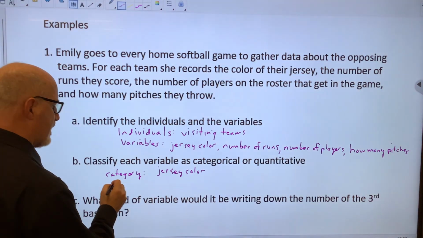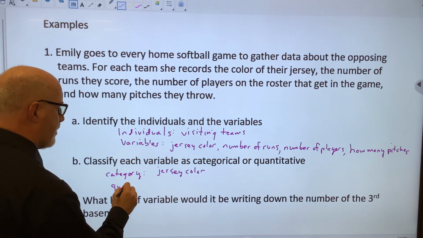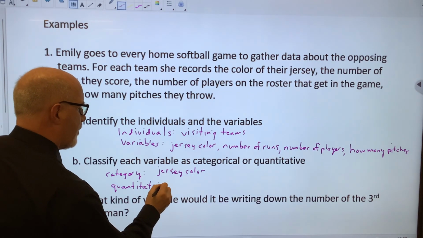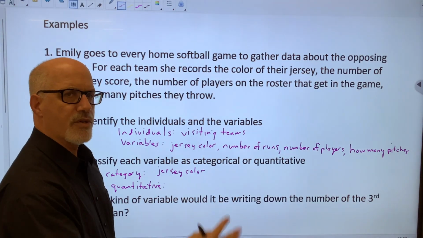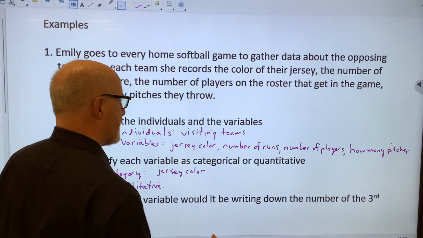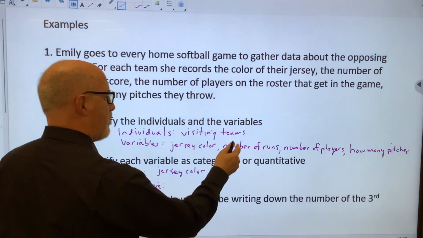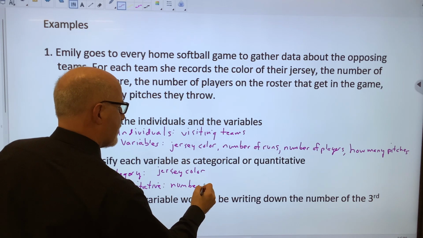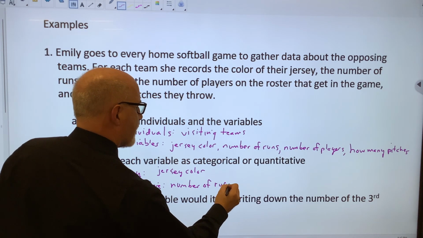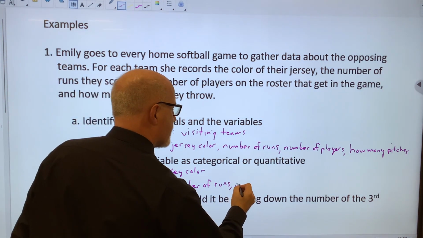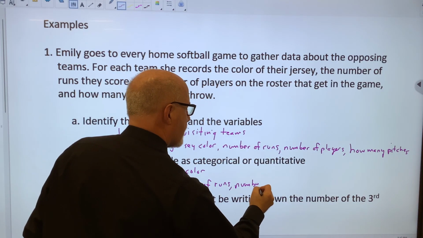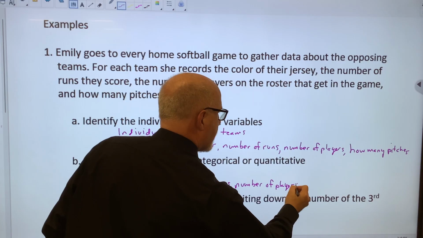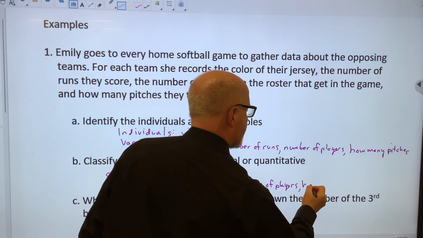Now, the ones that are quantitative, the other ones involve gathering numbers, so quantities, values. So that would be number of runs, number of players, and how many pitches.